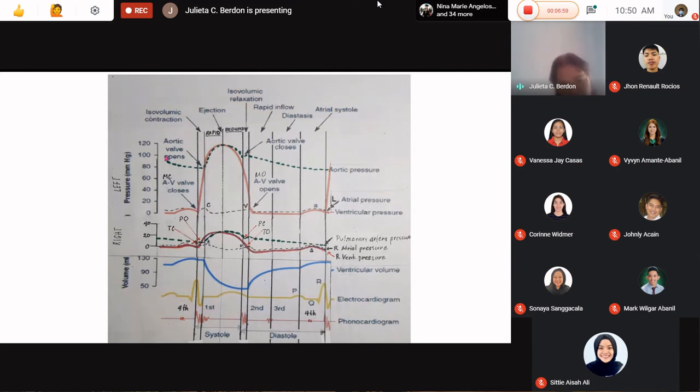And of course, there's a right side. Unsa may mo close sa right side in a ventricular contraction? Tricuspid valve. Now, mitral valve closes earlier than the tricuspid valve. So mitral valve closure is earlier than tricuspid valve closure.